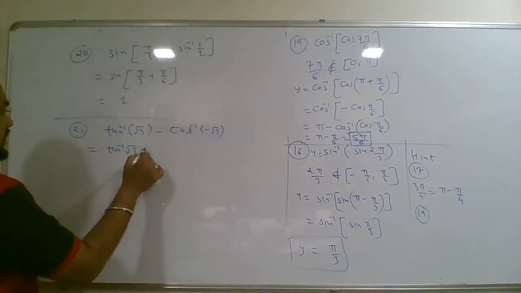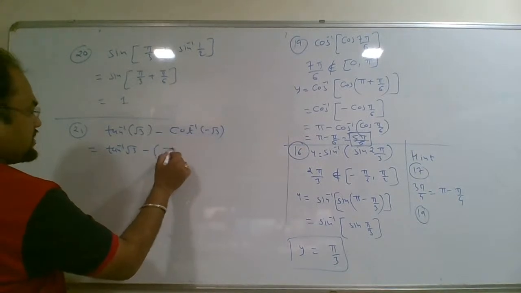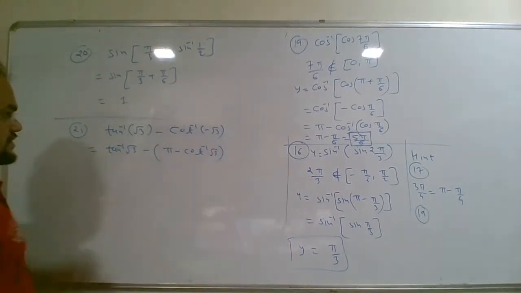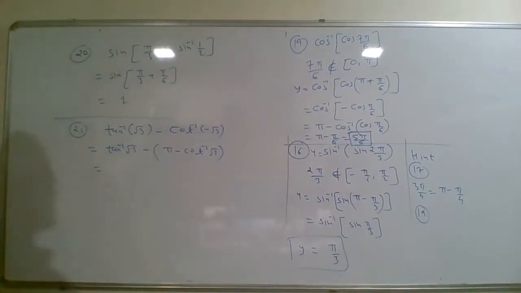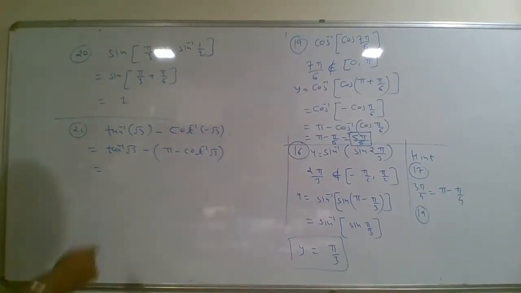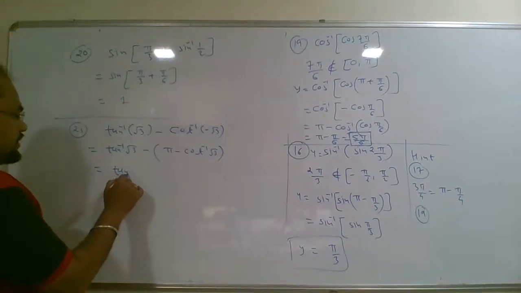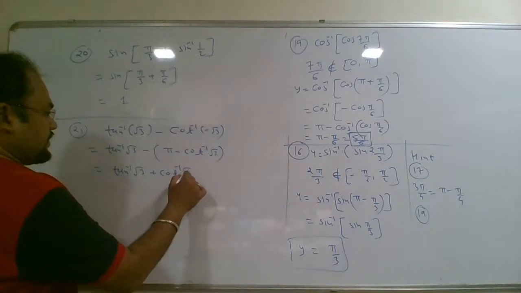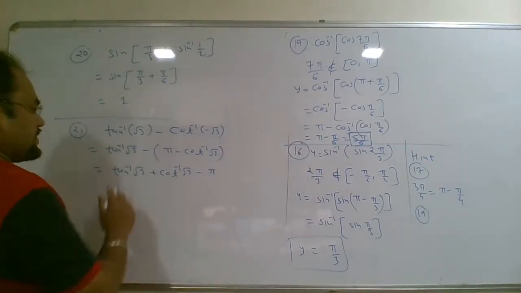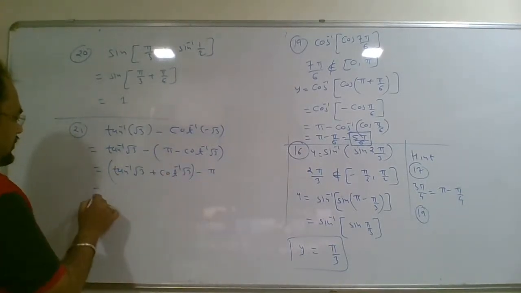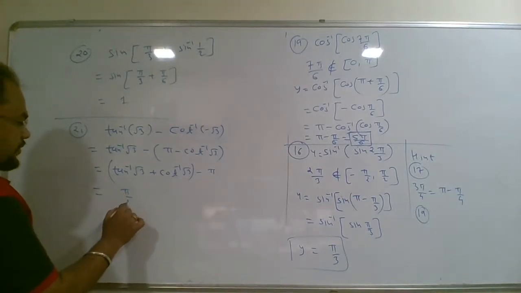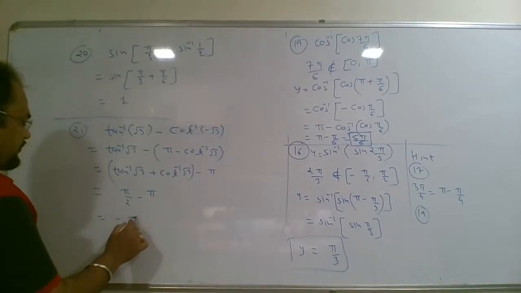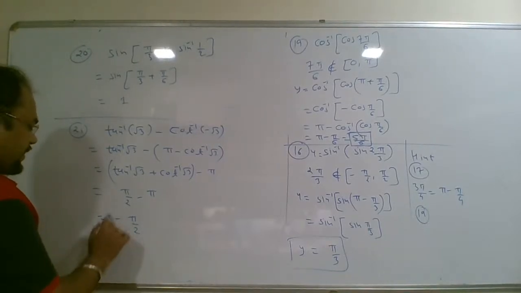It is tan inverse root 3 and minus cot inverse means cos family. So it is pi minus, कर दो, pi minus cot inverse root 3 and tan inverse root 3 plus cot inverse root 3 minus pi. It is the formula pi by 2 minus pi. Final answer is minus pi by 2.